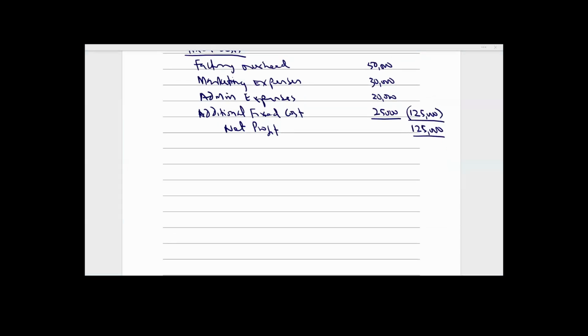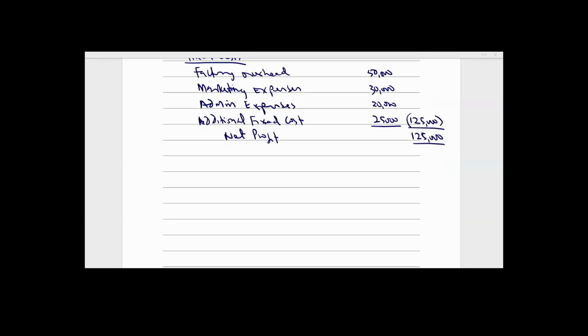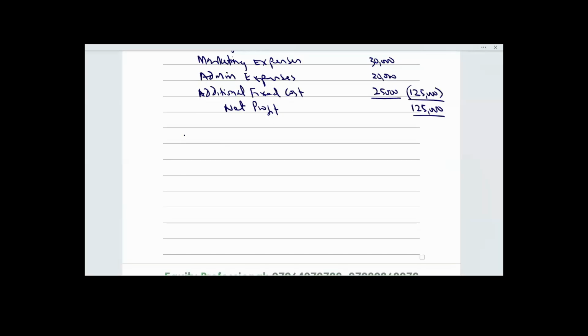The second part we're asked to do is to calculate profit volume ratio and break-even points. So we then calculate revised profit volume ratio, which is equal to contribution.